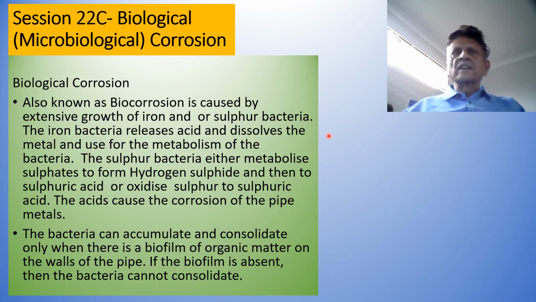The sulfur bacteria metabolize sulfates to form hydrogen sulfide, which converts to sulfuric acid and corrodes or attacks the pipes and metals. The bacteria can accumulate and consolidate only when there is a biofilm or organic matter on the walls of the pipe. If the biofilm is absent, then the bacteria cannot consolidate.